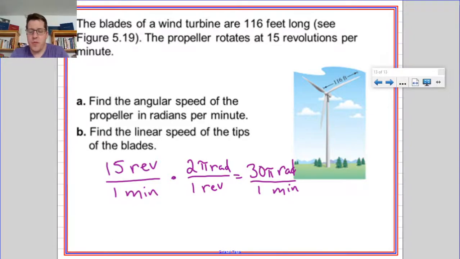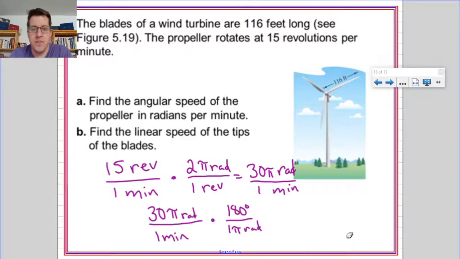Suppose we wanted to go a little bit further than the question asked. We might want to figure out how many degrees per second this is going. We would do a similar unit conversion. So, for example, we might start with our 30 pi radians per minute, and we would want to convert radians to degrees. So we would multiply by 180 degrees on top and 1 pi radian on the bottom because that's our conversion factor. Now we need to get from minutes to seconds. We want degrees per second as our final answer.